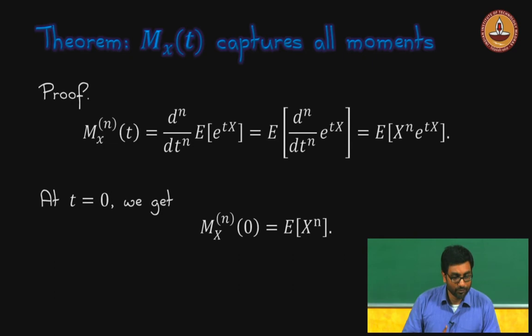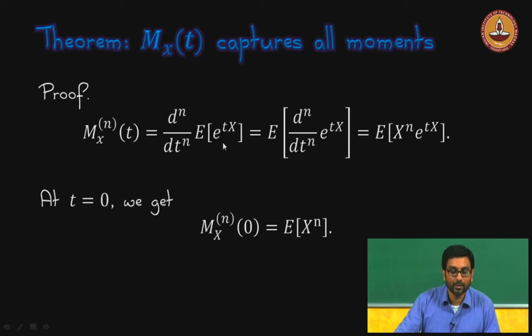Now, the proof is quite simple. You look at the nth derivative of the moment generating function. One important thing to notice is that you are taking the nth derivative not with respect to x, but with respect to t. So, d^n by dt^n of the moment generating function, which is the expectation of e to the t x.